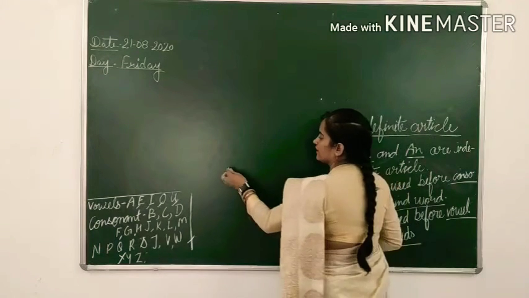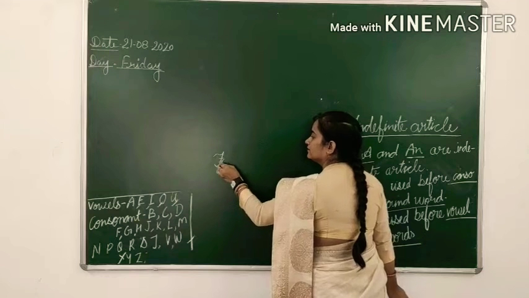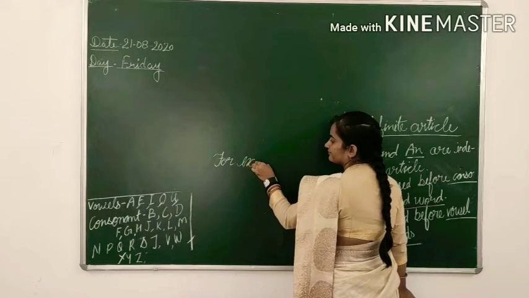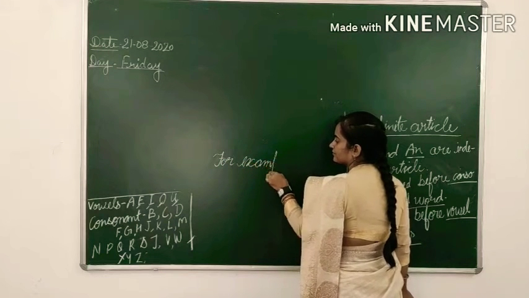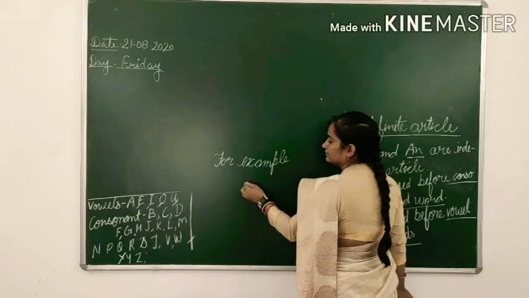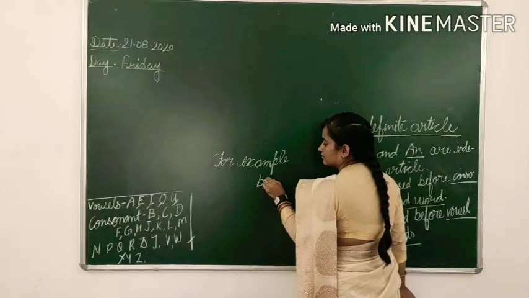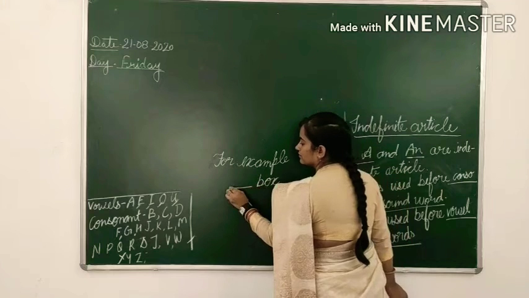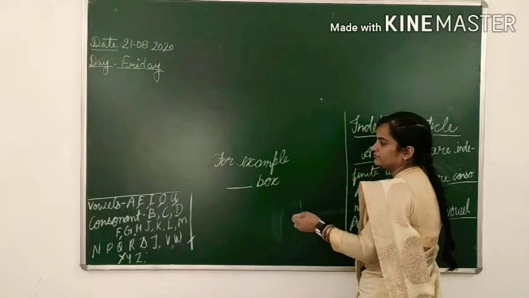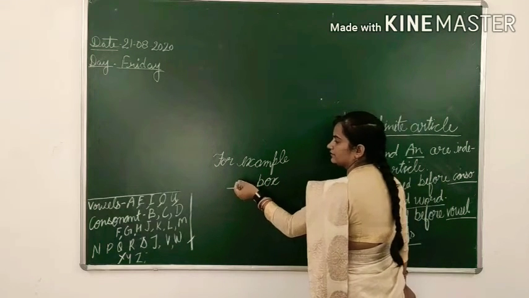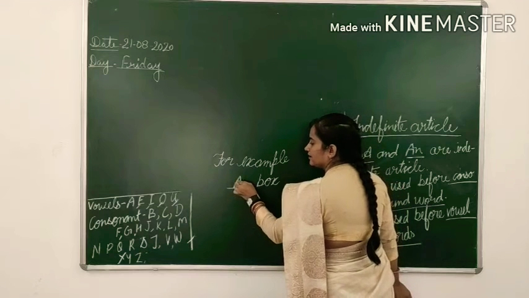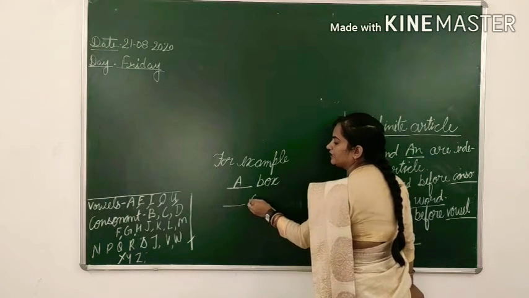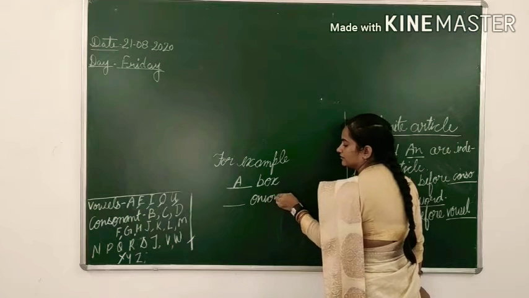Now have a look at some examples. For example, box. So what will become, a or an? A box. Onion.